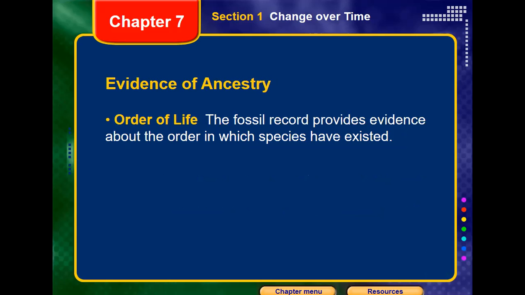We find, according to the fossil record, that the oldest fossils ever show that life started with prokaryotic organisms, not eukaryotic organisms. The fossil record provides evidence about the order in which species have existed. That means prokaryotes were found before eukaryotes.